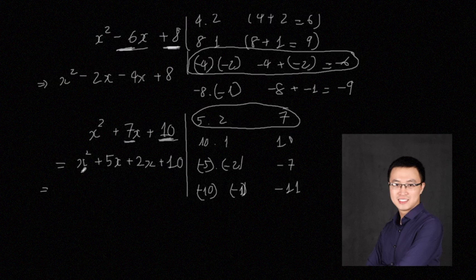The first two terms, x squared and plus 5x, have the common factor x. So I will take x outside. Inside the bracket you get x because x times x equals x squared. And you have the 5x in the second one, so I take x outside, you have plus 5 inside the bracket. x times 5 equals 5x. Okay, the last two terms we have 2x and 10.